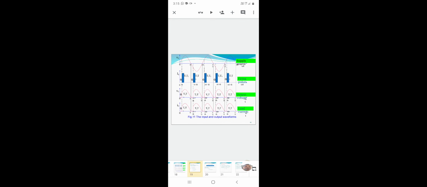So this is the output waveform, the output waveform for output voltage and load current, and this is the firing pulses and supply voltage. We have to draw it.